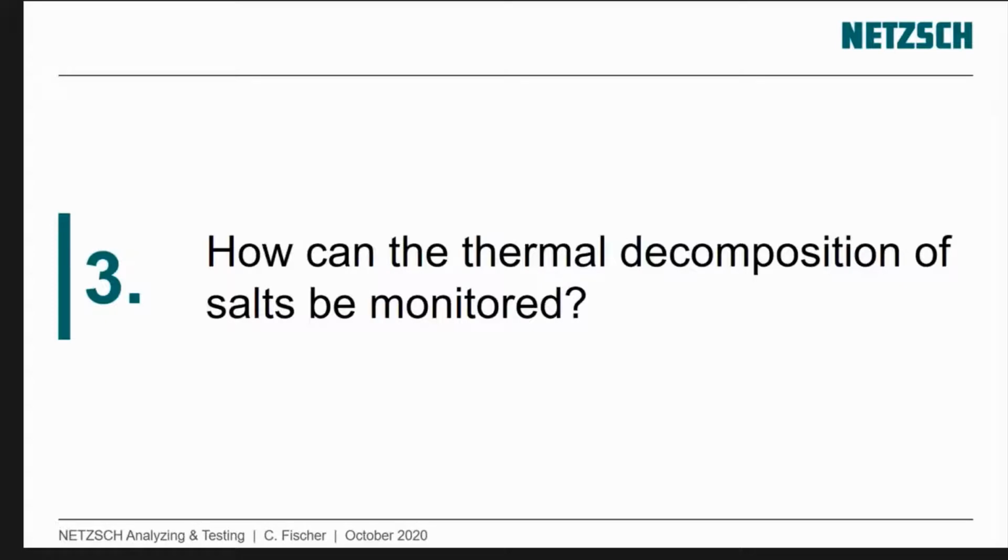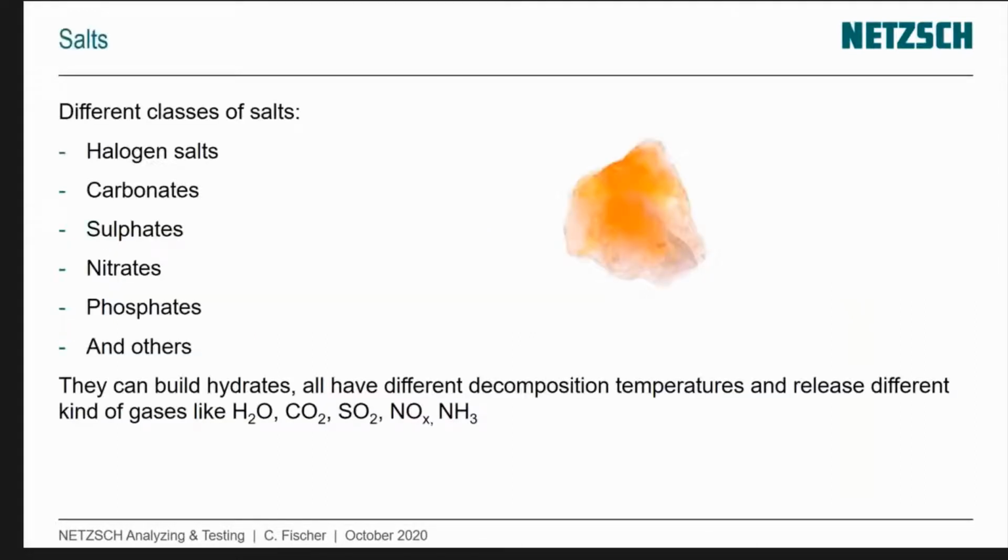So let's come to the third question from the field of inorganics. How can the thermal decomposition of salts be monitored? Salts can be divided into different classes. This can be halogen salts, carbonates, sulfates, nitrates, phosphates, and others.